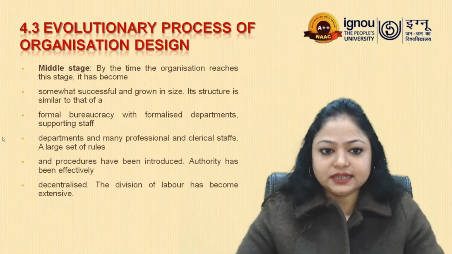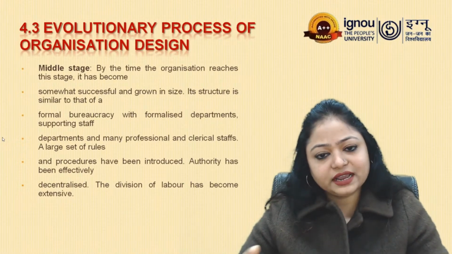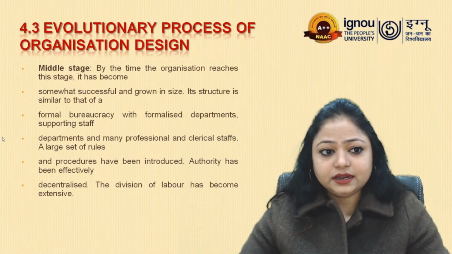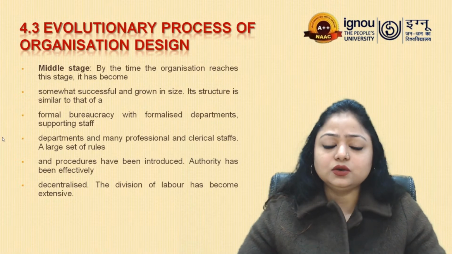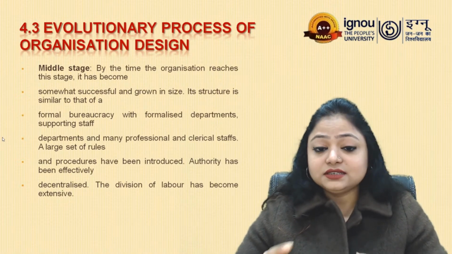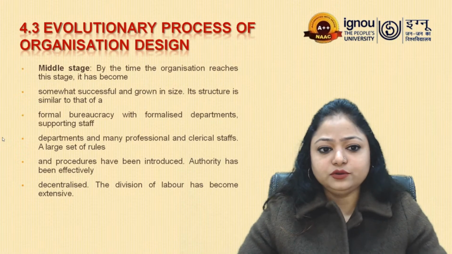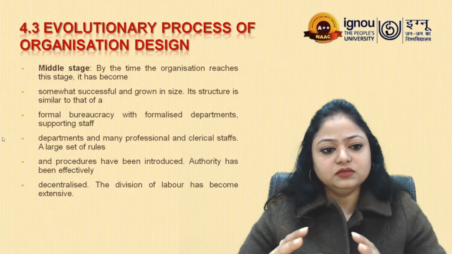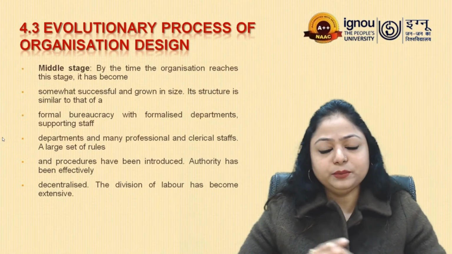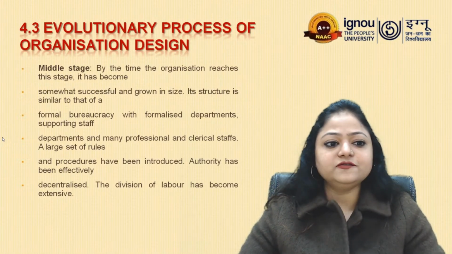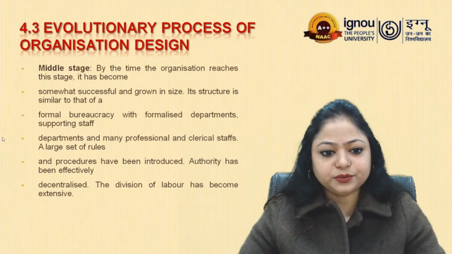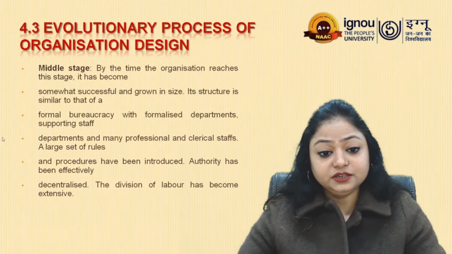Then comes the middle stage. By the time the organization has reached the middle stage, it has become somewhat successful and has grown in size. Its structure is similar to that of a formal bureaucracy, with formalized departments, supporting staff, many professional and clerical staff, and a large set of rules and procedures to guide their day to day performance.